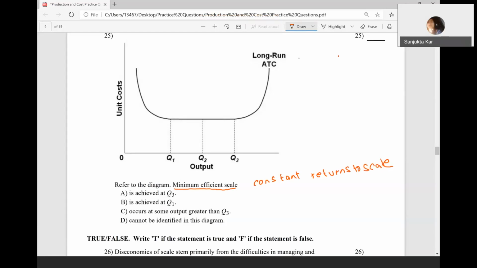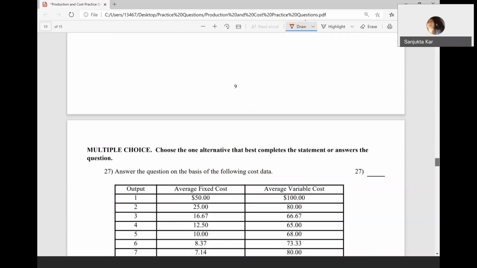The answer to this question is going to be B, because as you can see here, we start having constant returns to scale from this point, which is Q1. Constant returns to scale means the output is stable. I'll say the long run average total cost is staying the same no matter if output is increasing or not.